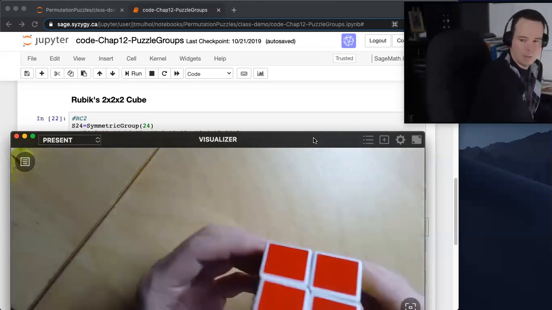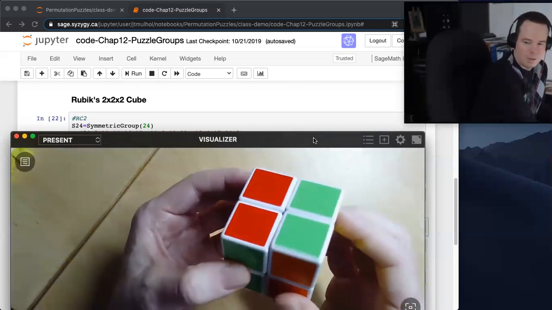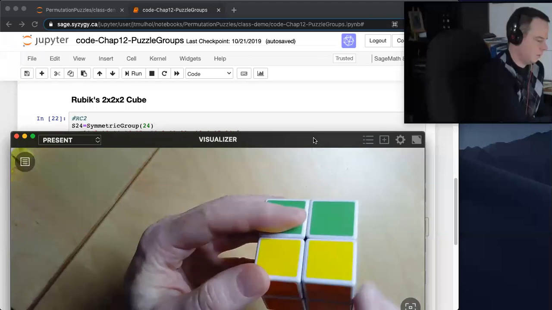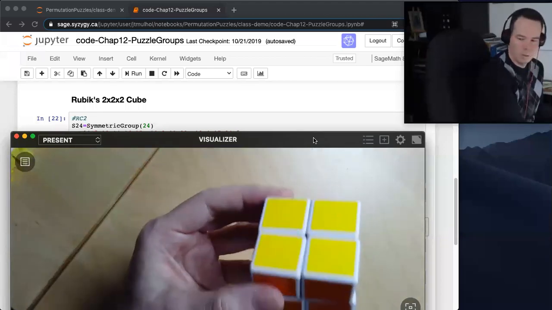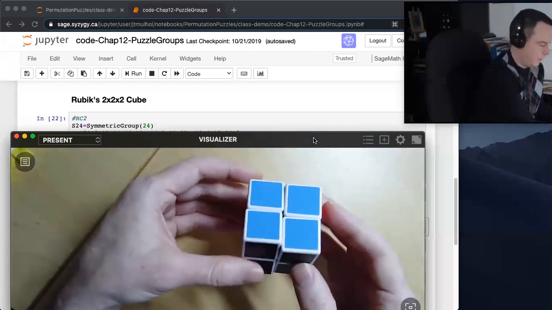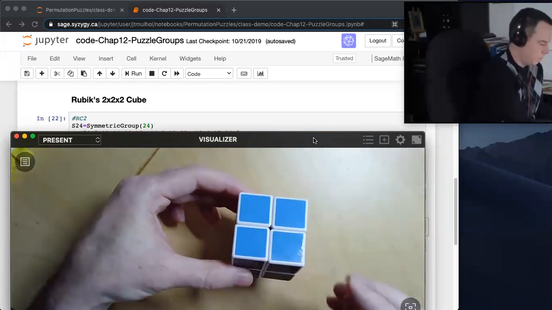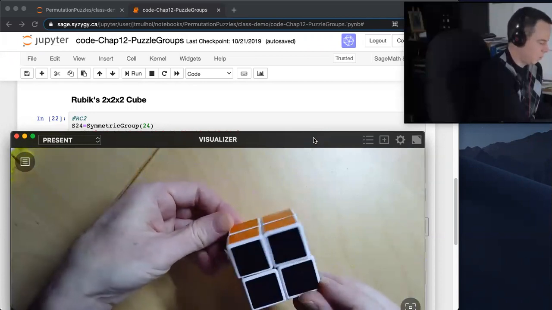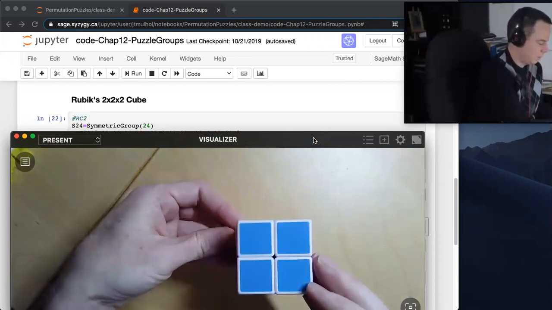So what happens here is I'm actually able to get different symmetries of the cube. If I want to know, doing cube moves, could I rotate the whole cube, let's say about this diagonal axis? So I want to rotate the whole cube like this. Could I do that?